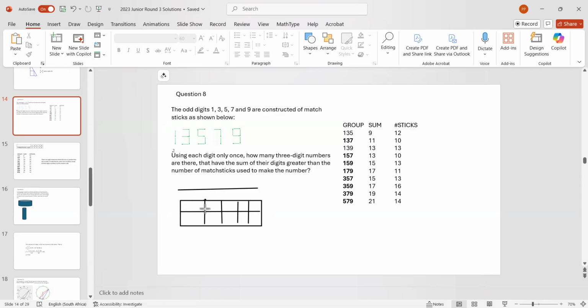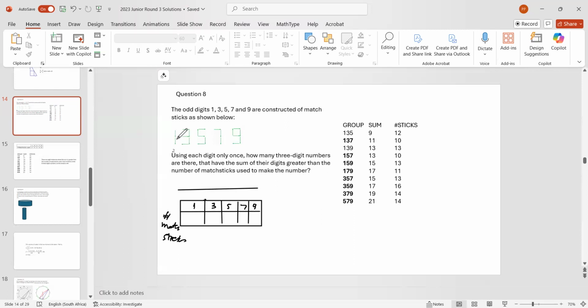So the 1, the 3, 5, 7, 9, and the number of matchsticks to construct each of these numbers.